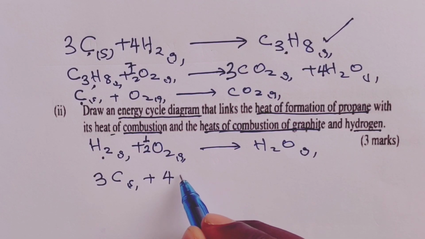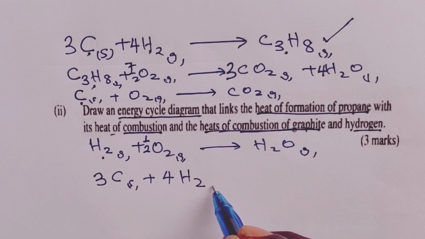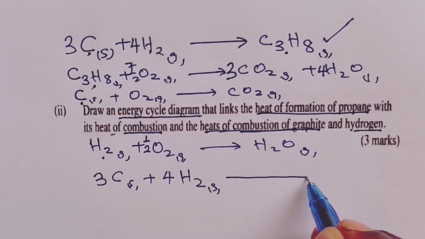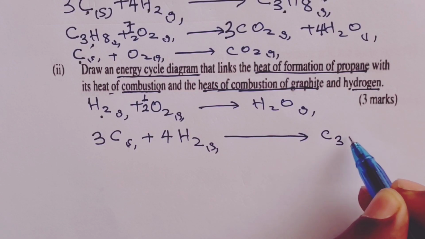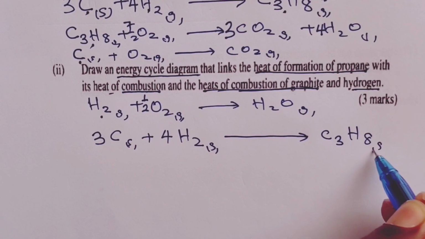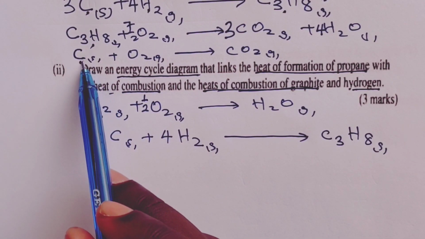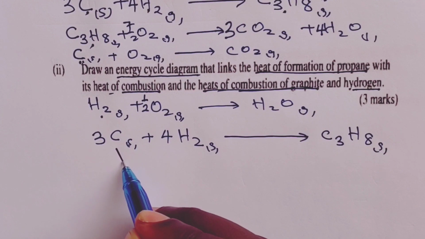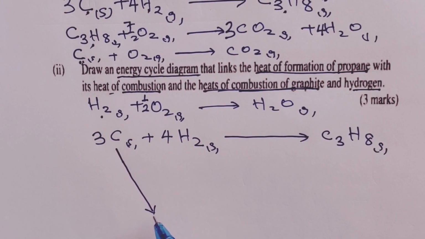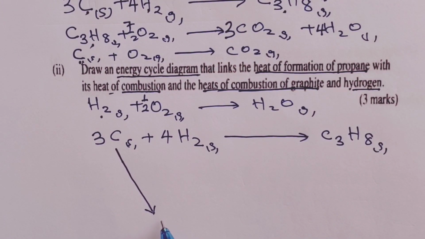So 3 moles of carbon reacting with 4 moles of hydrogen to give 1 mole of propane. Then equation 3 can be generated from this end going down to form the other root to give us carbon(IV) oxide. Of course, 3 moles of that.